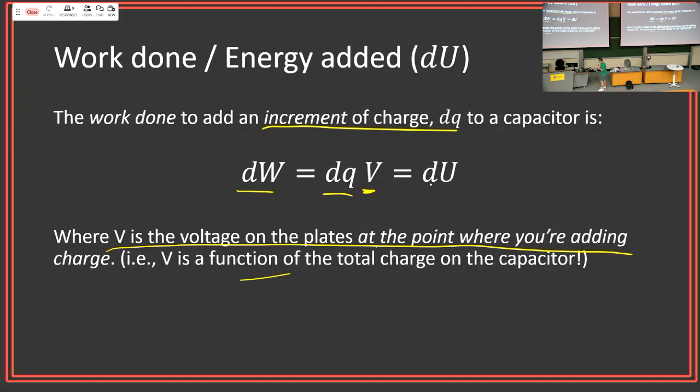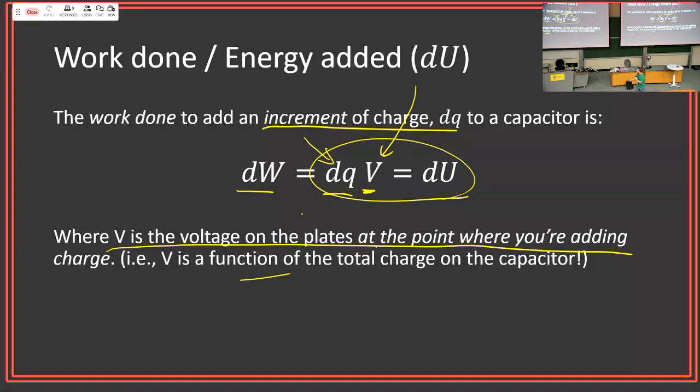So dU, which we could say is the change in energy of the capacitor, because we're trying to find the total energy of the capacitor. The amount of energy added to the capacitor is the charge added, dQ, times the voltage at that time. And the problem is, as you add more charge, the voltage goes up. So V is not constant.